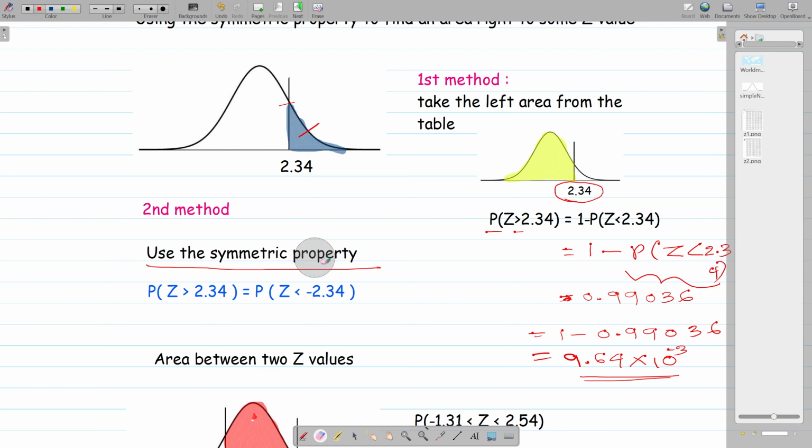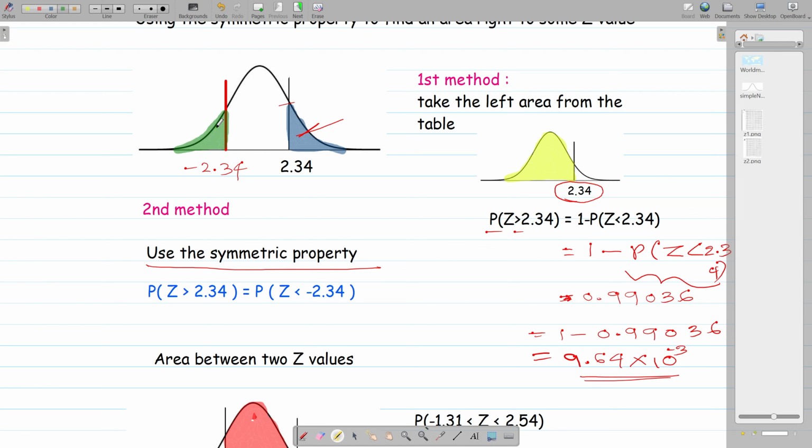Now, just consider that minus 2.34. In order to find this right side area, if you can find the area to the left of minus 2.34, that is equal to the right side area of 2.34. That is the symmetric property we can use to find the right side area for some z value.